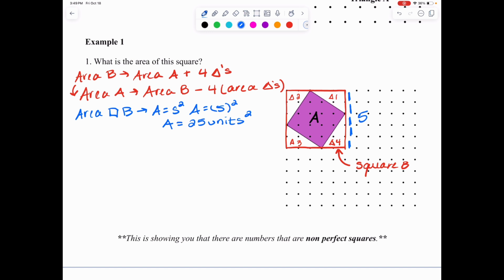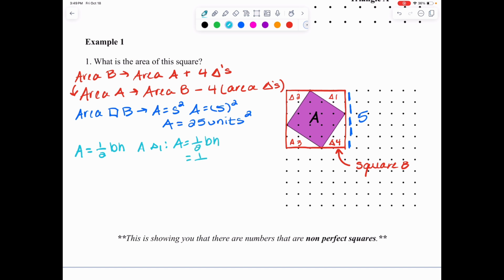Now I'm going to find the area of one of these triangles. We have A equals 1/2 base times height. We know that from up above. We are going to find the area of triangle 1. So A equals 1/2 base times height.